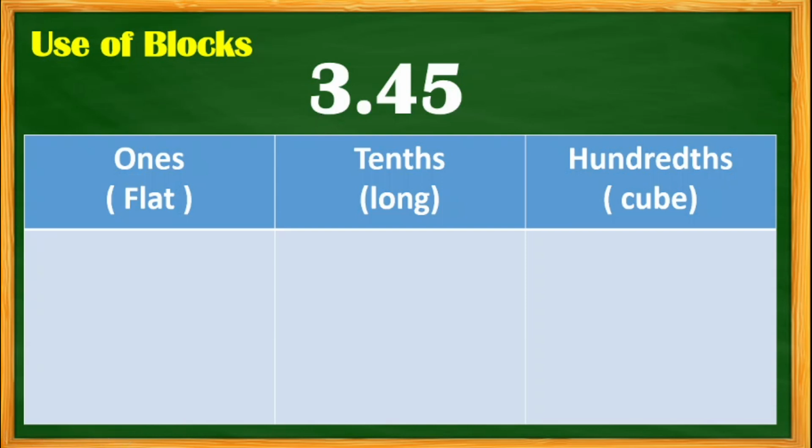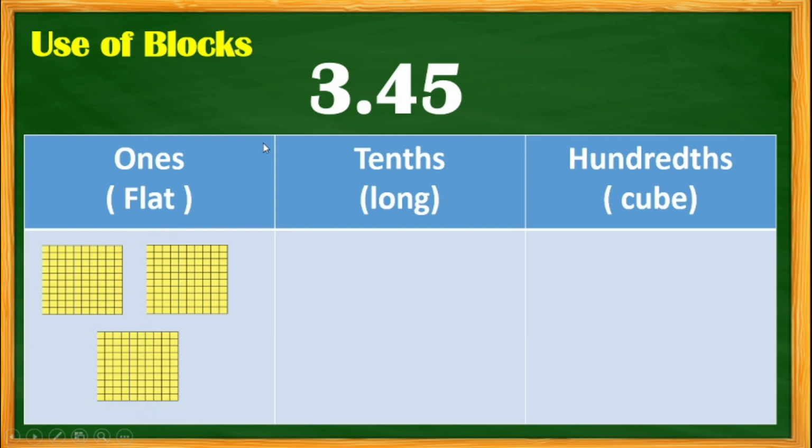So how many plots are we going to use? We have 1, 2, and 3 because we have 3 plots. So 1 whole, 2, and 3. So 3 wholes is equivalent to 3.